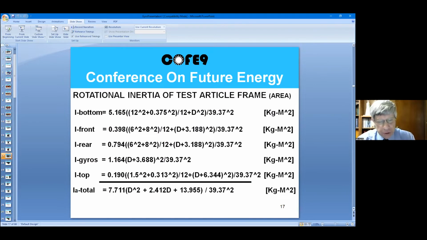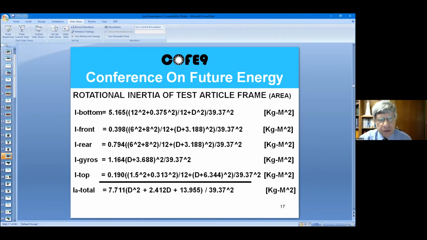And to do it, you have to plug in a whole bunch of numbers and do a bunch of algebra, which gets very time consuming. So we're going to go through this very quickly. The bottom plate weighs 5.165 kilograms. It's 12 inches by 0.375. You square those, divide by 12, square your offset distance, convert inches to meters.